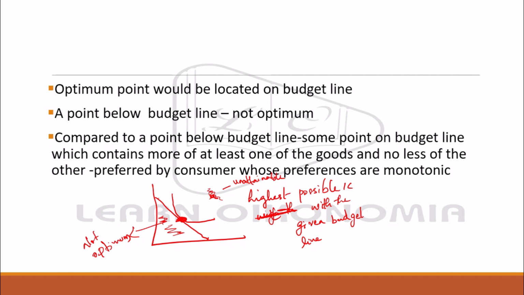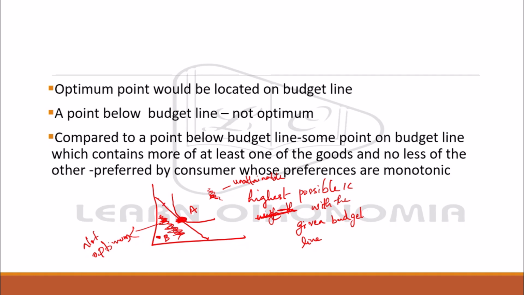Okay, so this is something that will happen. If you compare some points which lie here with this point, you could see that, compared to a point that lies below the budget line, let it be point B, and let this be point A, some point on the budget line, this contains at least more of one of the goods.